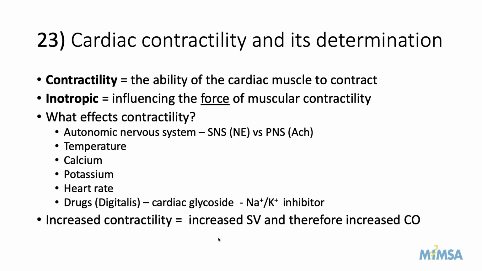If you have an increased force of contraction, it's able to push more blood out of the heart. And because cardiac output equals stroke volume times heart rate, increased stroke volume will increase your cardiac output. But again, we'll talk more about this when I talk about cardiac output.